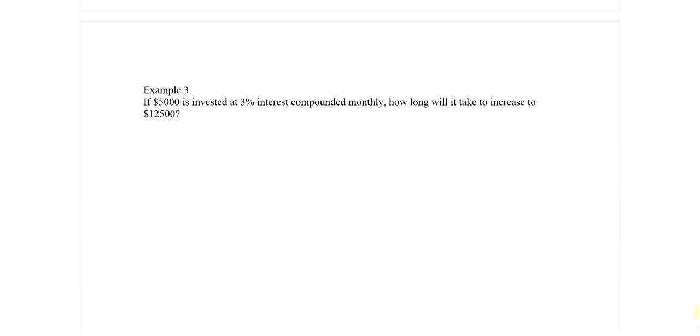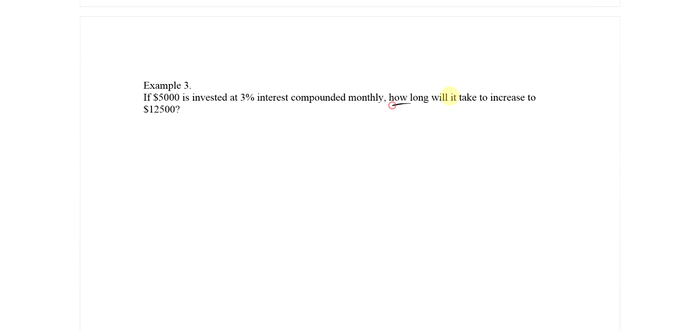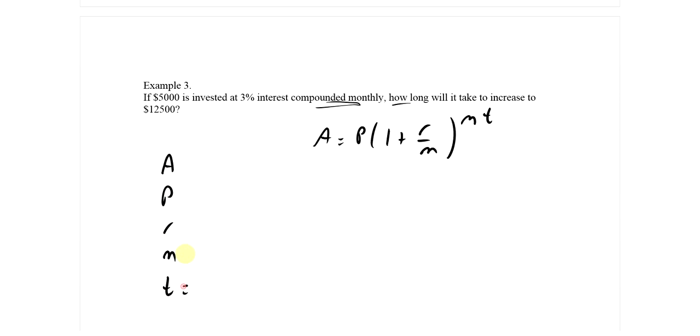So, example 3. Again, this is a how long question, so we're going to need logarithms to solve this. Compounded monthly, so this is this formula. It's not continuously compounded. And we want to know what our variables are. So we're investing $5,000.